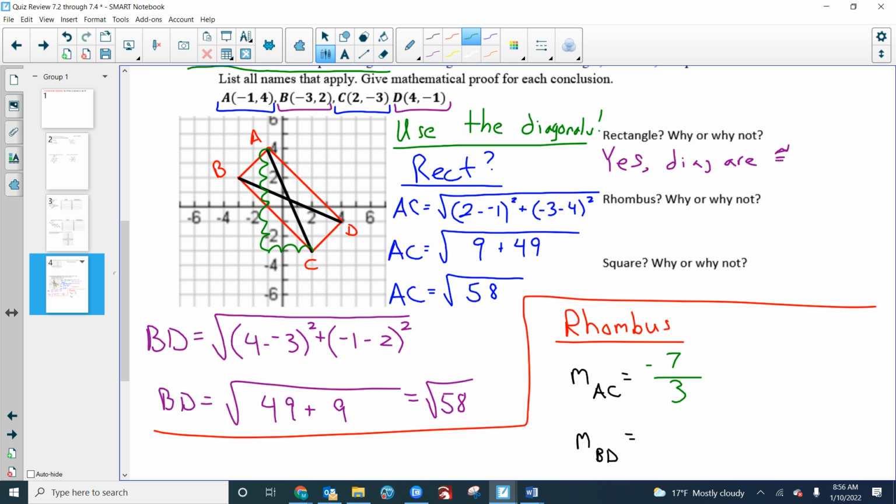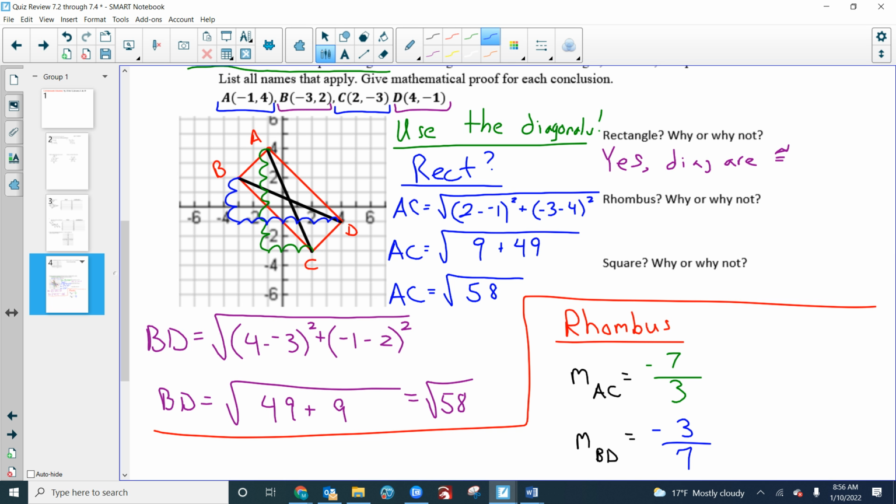From B to D, I go down 1, 2, 3. Down 3. And right 1, 2, 3, 4, 5, 6, 7. Ooh, it's trying to trick us. Are they reciprocals of each other? Yes.